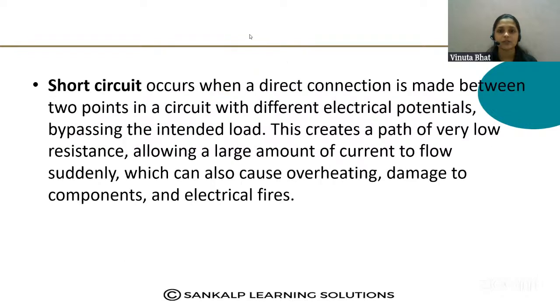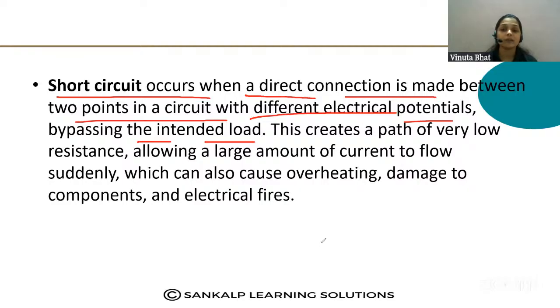Then what is a short circuit? How does it occur? A short circuit occurs when a direct connection is made between two points in a circuit with different electrical potentials, bypassing the intended load.